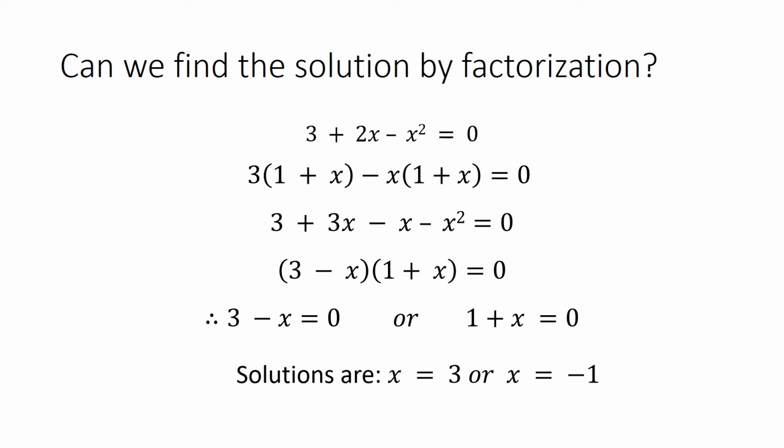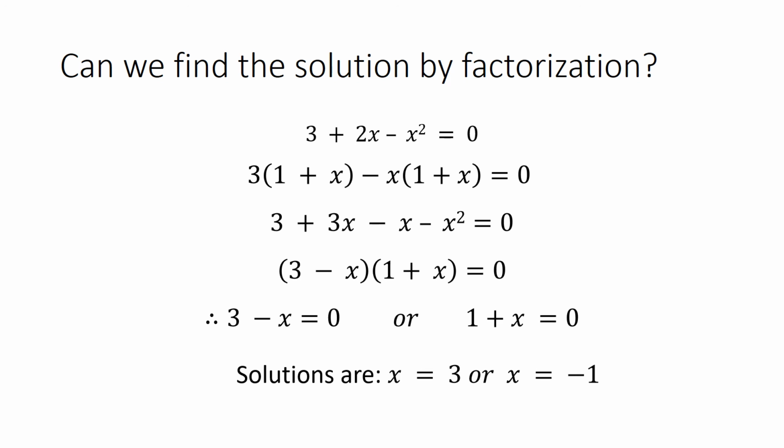You should end up with these results. Do you notice that the solutions that we got by graphing, we're still getting the same solutions here when we factorize? So when we factorize here, our solution lies where we have our binomial being equal to 0.